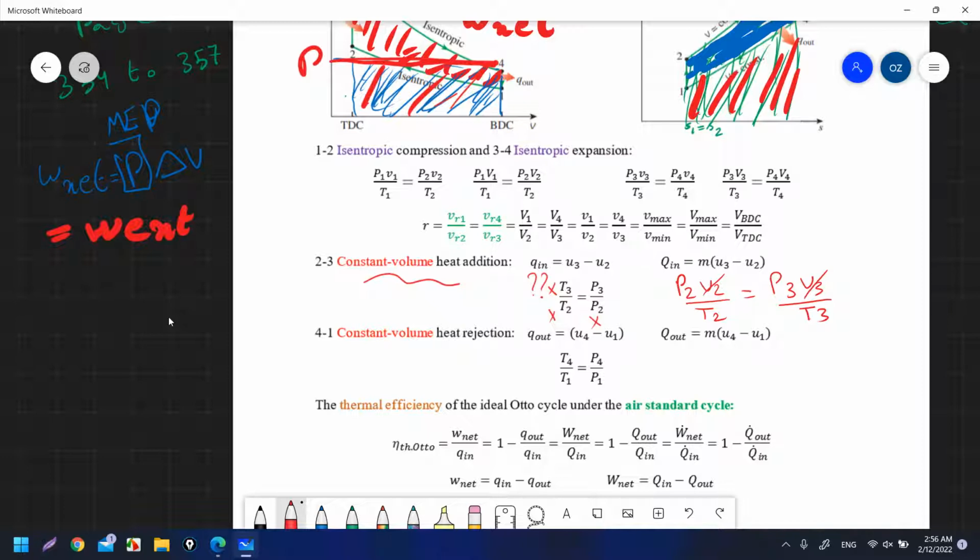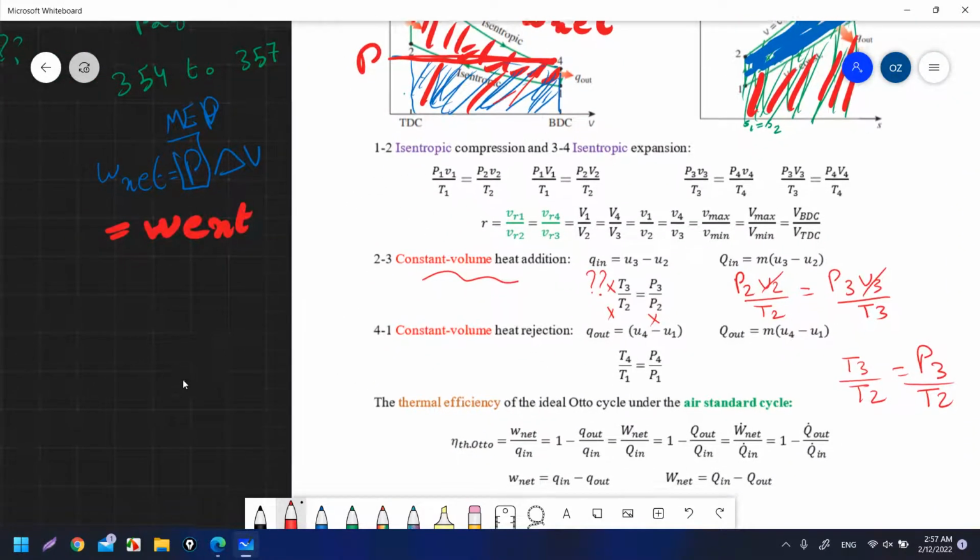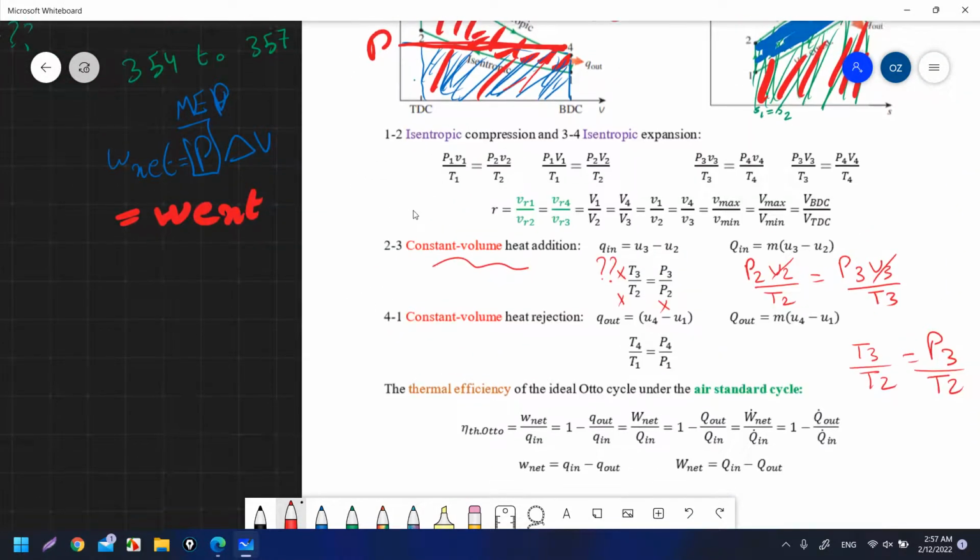Cross multiplying, T3 over T2 equals P3 over P2. I canceled the volumes. So for any pressure, you have to use the ideal gas law.